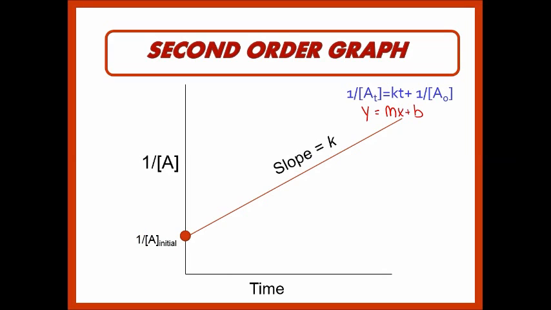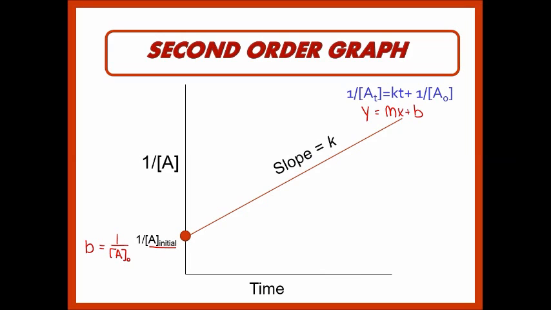And so similarly, if we were given the equation for the line for a second order plot, and we were asked to find the initial concentration of the reactant, we would say that the y-intercept b, so that actual value, is equal to 1 over the initial reactant concentration.